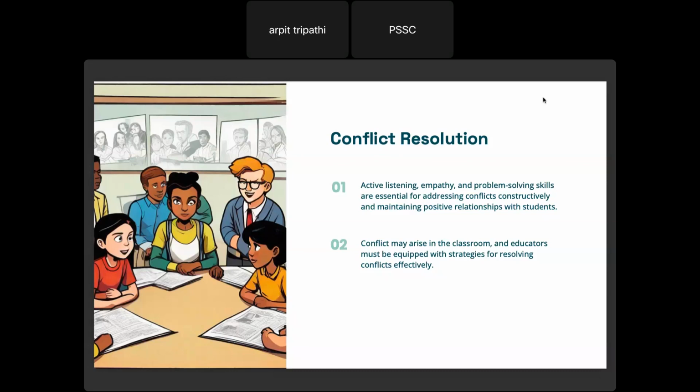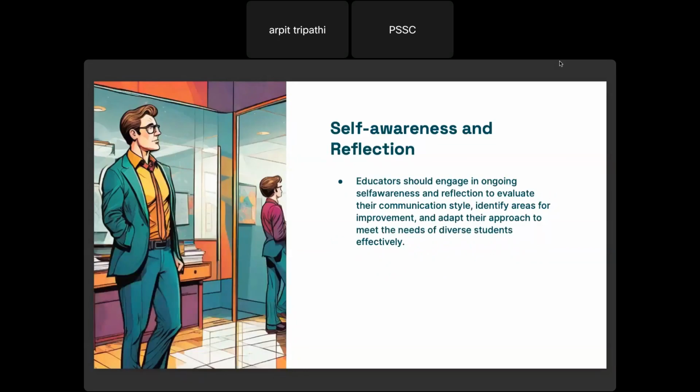Self awareness and reflection as an educator. I have to talk about this specifically. Educators should engage in ongoing self awareness and reflection to evaluate their communication style, identify areas for improvement, and adapt their approach to meet the needs of diverse students effectively.